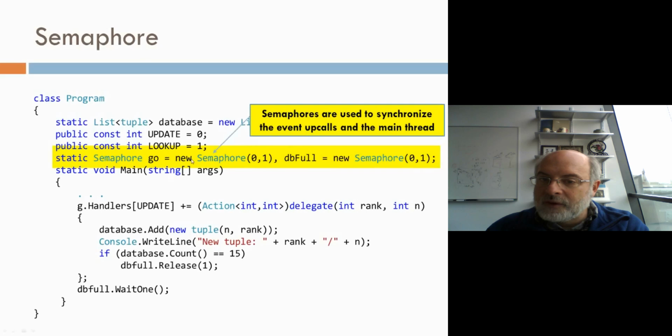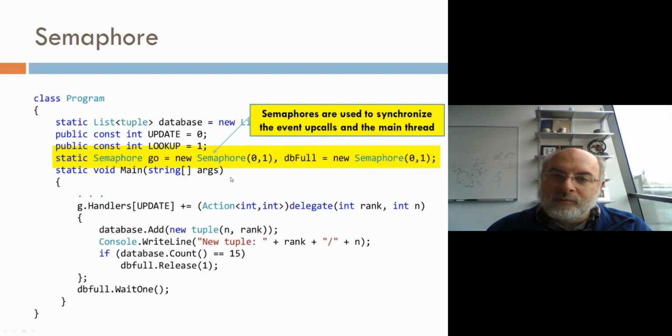Similarly, there's another semaphore, go. And these semaphores, the way it works, in C# you declare them to have an initial value, 0, and a maximum value. I'm using 1, which is, by the way, not the world's best choice. I should probably have used int.maxValue, but then it didn't fit on one line. The idea is that release adds 1 to the semaphore.